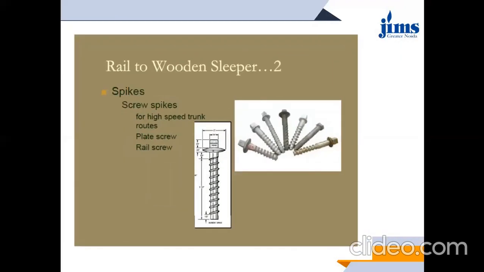Okay. Next is screw spike. Now the problem with dog spike and round spike was that after driving into the wooden sleeper, after some time, due to shock and vibration, they used to come out, or they used to loosen up the holes in which they were driven. So in order to rectify that problem, we came up with a new type of spike.